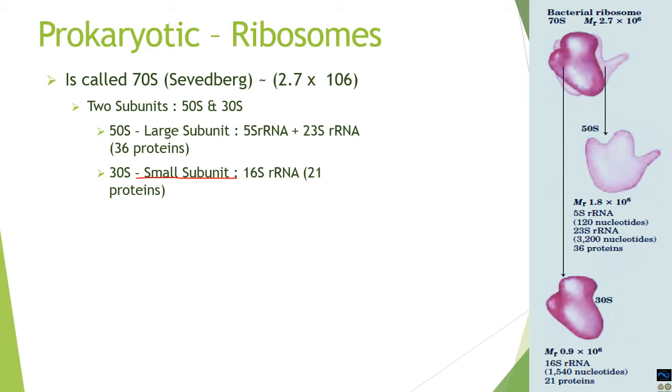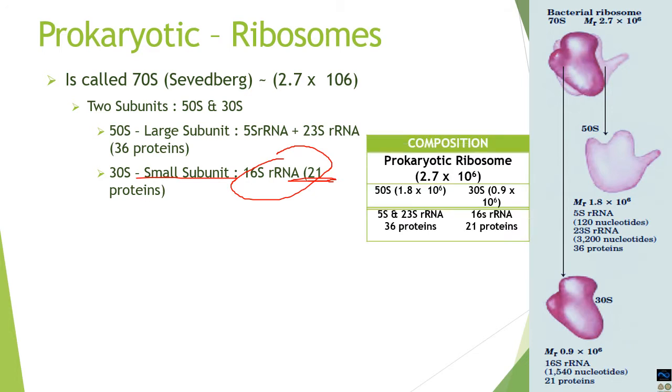The small subunit has only one RNA type, 16S, associated with 21 different kinds of proteins to make the 30S structure. When 30S and 50S come together during translation, they make up the 70S complete ribosome to translate the proteins. You can see this composition in tabulated form, with their respective weights.